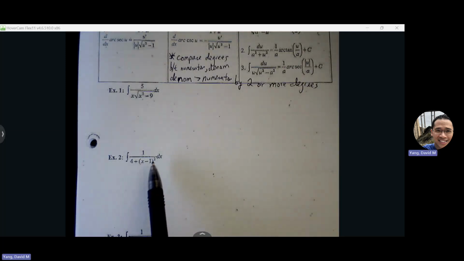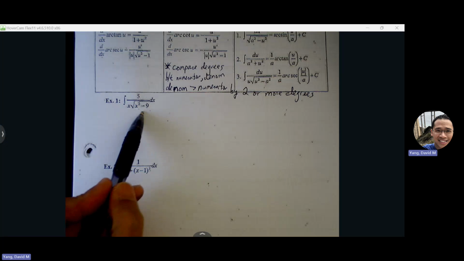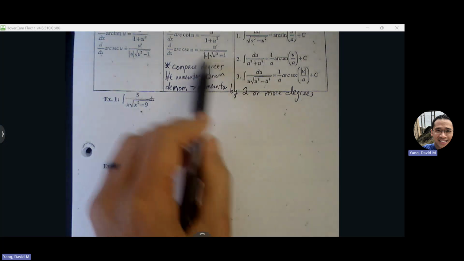For number 2, you see how this is x squared below and a constant above. That's a gap of 2 or more. And here, degree 2, and then degree 0, that's also a gap of 2 or more. So that extra gap is the indication that it'll probably be a good fit with our trig. So rather than saying, oh, this is the U value, that's the big distinction that you can tell by the beginning of the problem that it's going to be our trig.